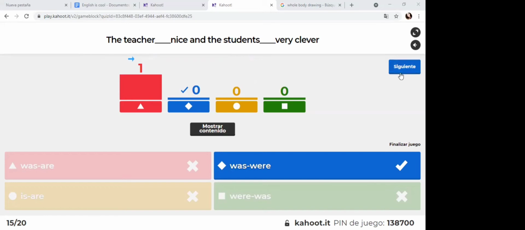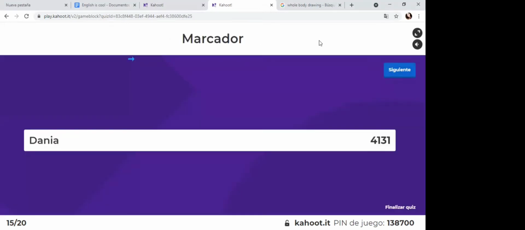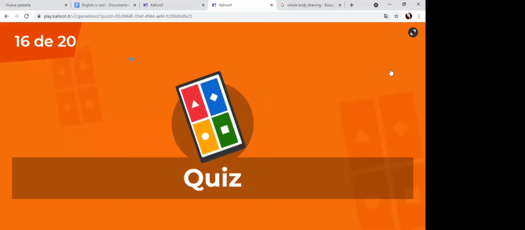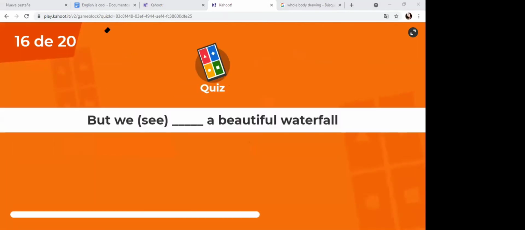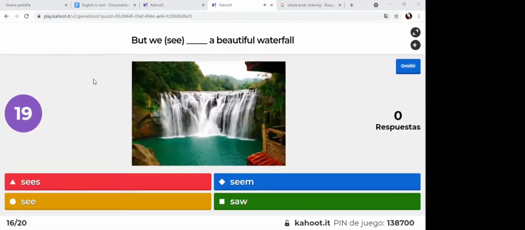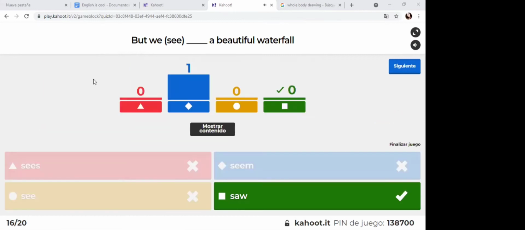Let's continue. The past simple of see. Okay, the past simple of see is saw.